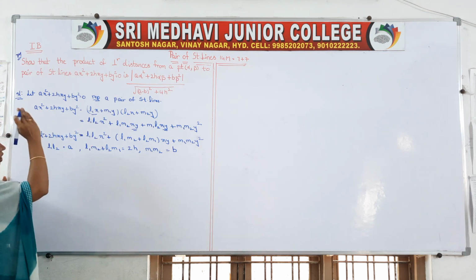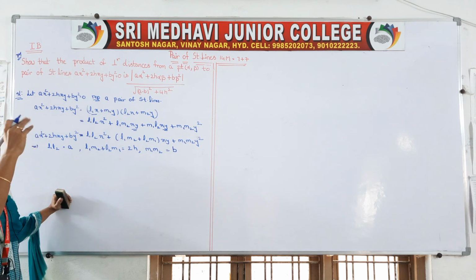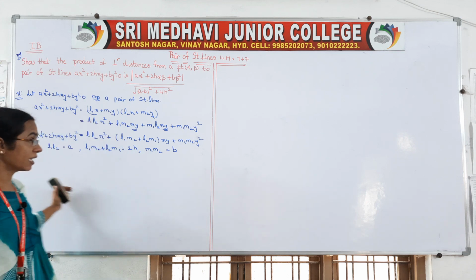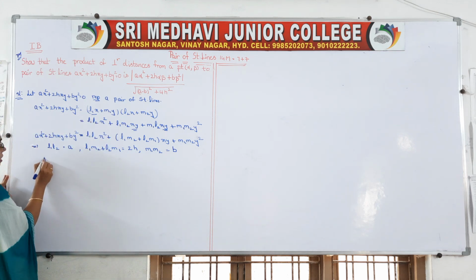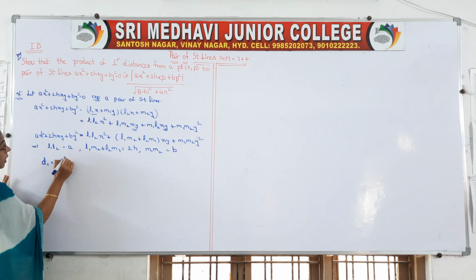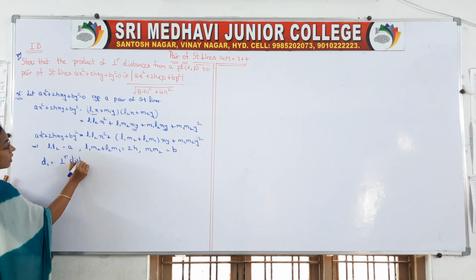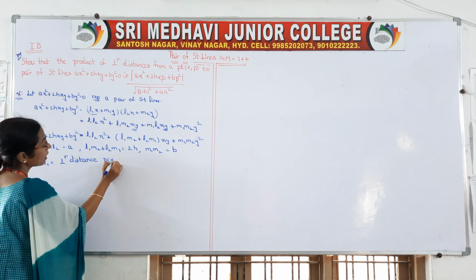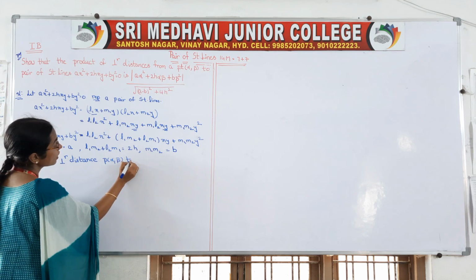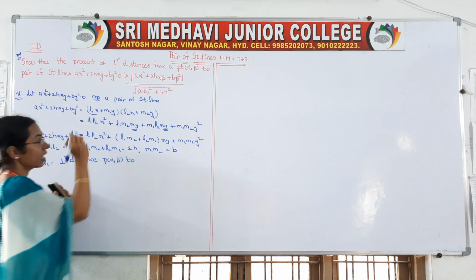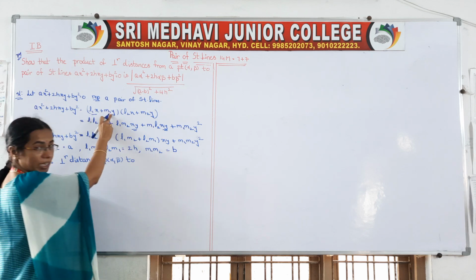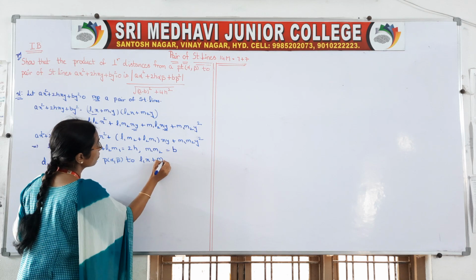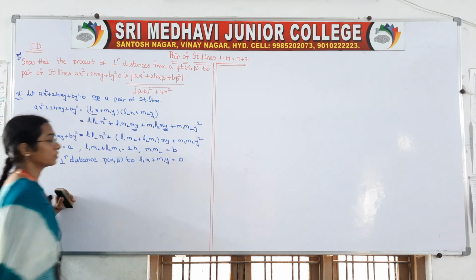Now what is the given question to us? The perpendicular distances from the point to these lines. So first take D1 equal to the perpendicular distance from the point P alpha comma beta to the first line. Your first line is OA, that is L1x plus M1y is equal to 0.